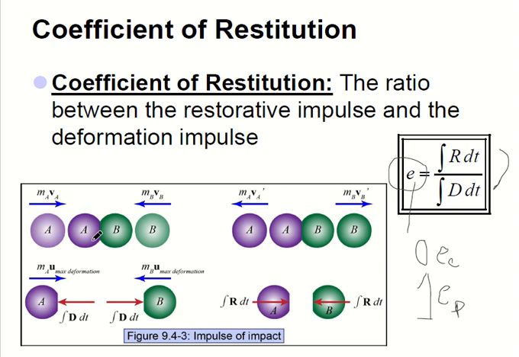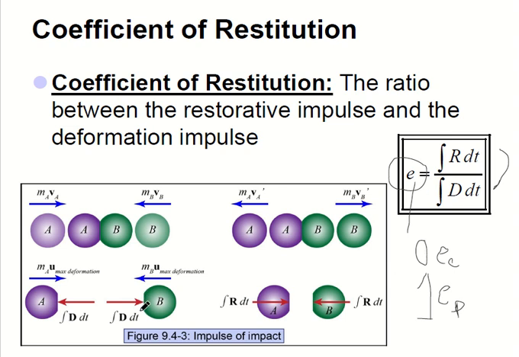Alright, and here it's just showing you, you have your momentum, and here momentum, and you collide, and then you go off with the final momentum. This is after the impact, and this is coming into the impact. And of course we will show this D and R integration like this, for us to be able to get this value.